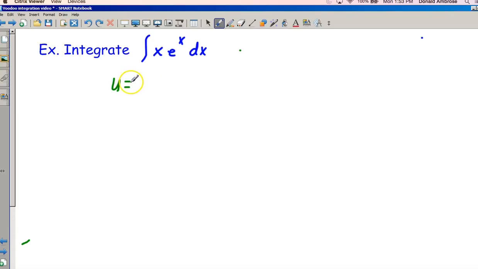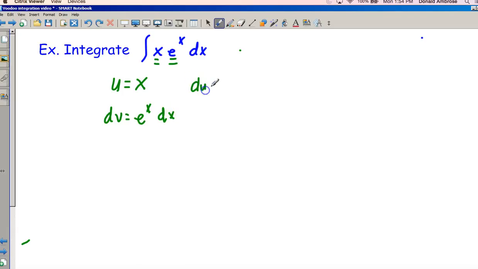You want to use that acronym LIATE to help identify the u. The two functions that I see here in my integrand are x, which we refer to as an algebraic function, and e to the x, which we refer to as an exponential function. Since algebraic comes before exponential in the LIATE acronym, that's my u. And dv then is everything else that I have in my original integral. So dv will be equal to e to the x dx.